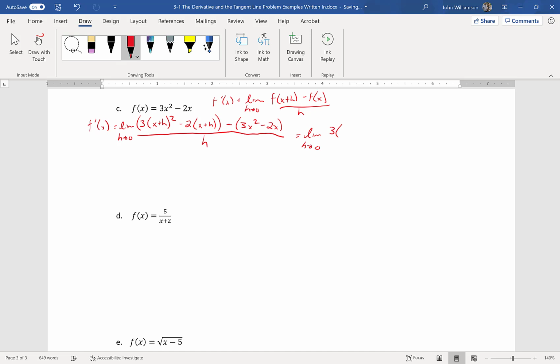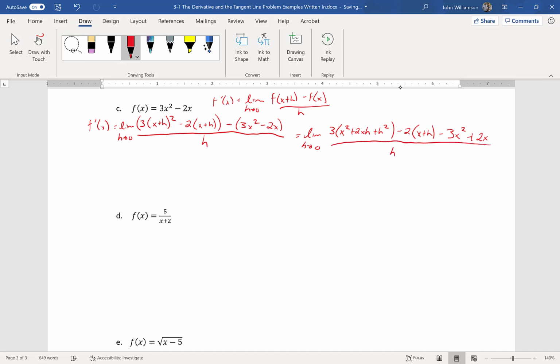3x plus h quantity squared, so that's x squared plus 2xh plus h squared, minus 2x plus h minus, I'm going to go ahead and distribute this negative through, so minus 3x squared plus 2x all over h.